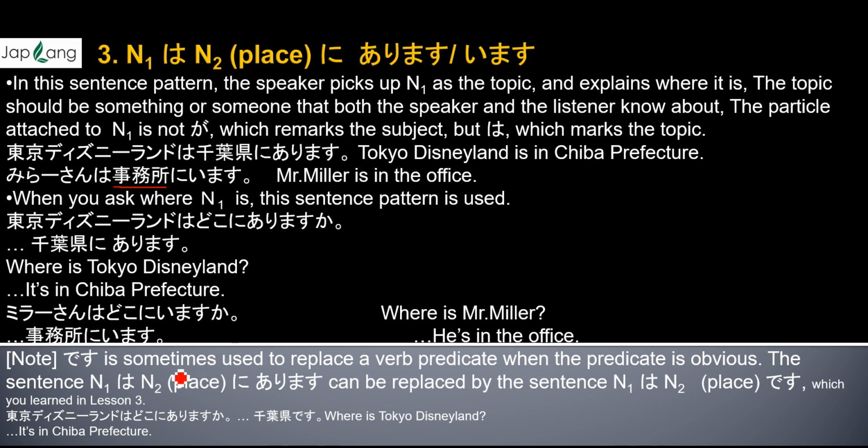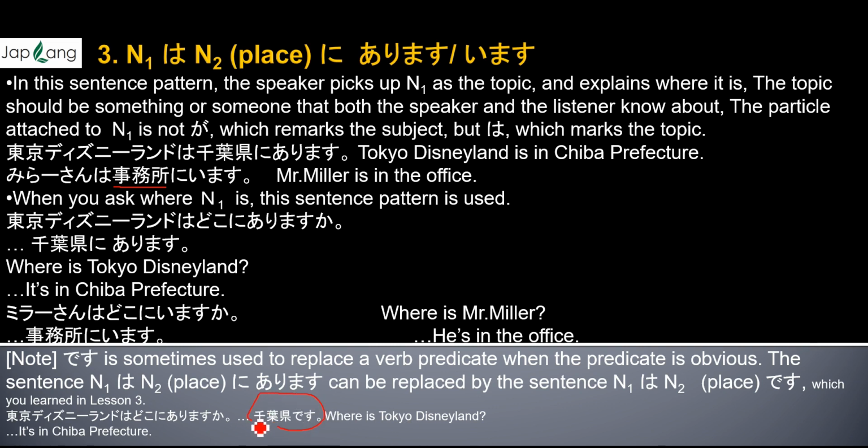This is sometimes used to replace a verb predicate when the predicate is obvious. The sentence N1 wa N2 place ni arimasu can be replaced by the sentence N1 wa N2 place desu, which we learned in lesson 3. Tokyo Disneyland wa doko ni arimasu ka? Where is Tokyo Disneyland? Chiba-ken desu, right?